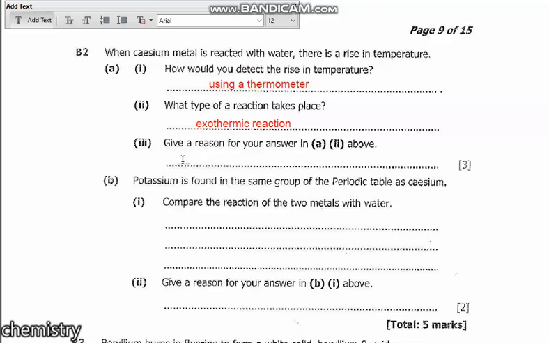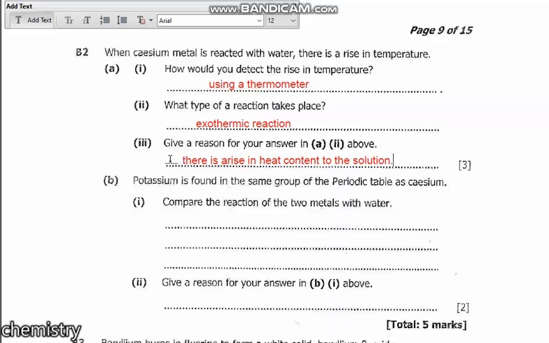Give a reason for your answer. There is a rise in heat content to the surrounding, to the solution in short.